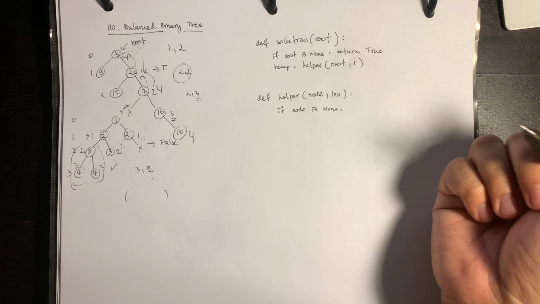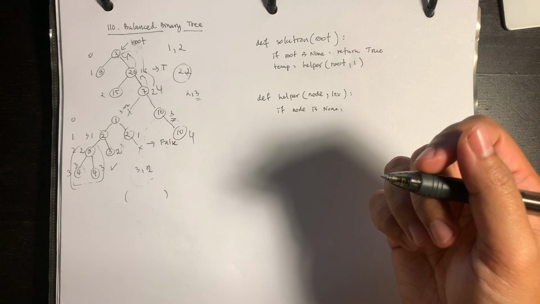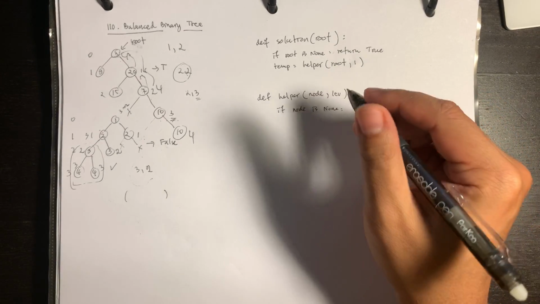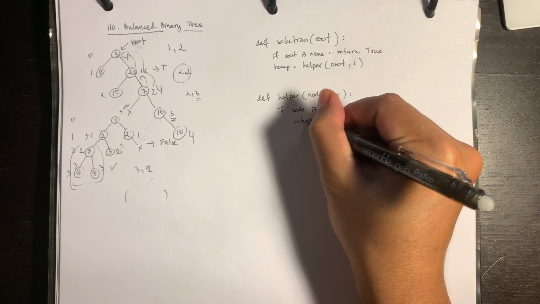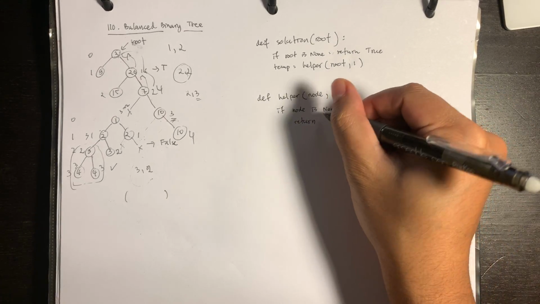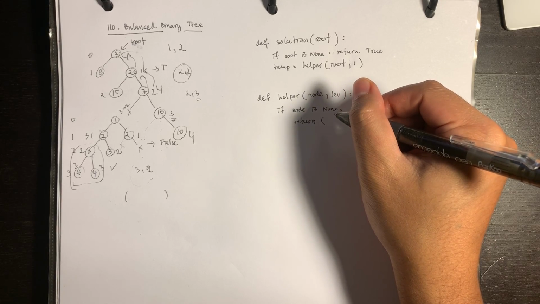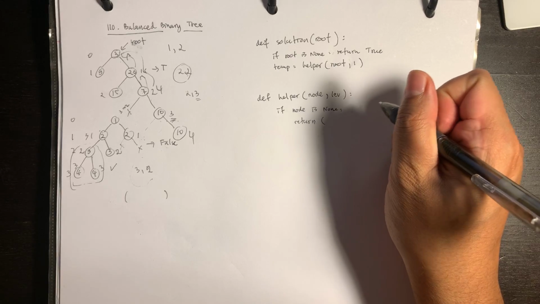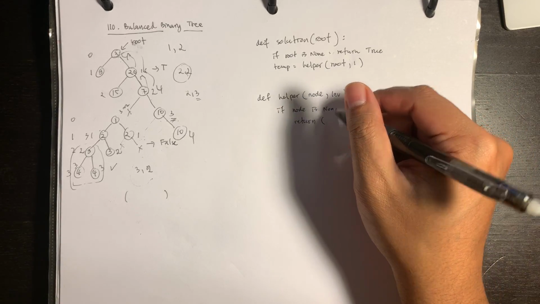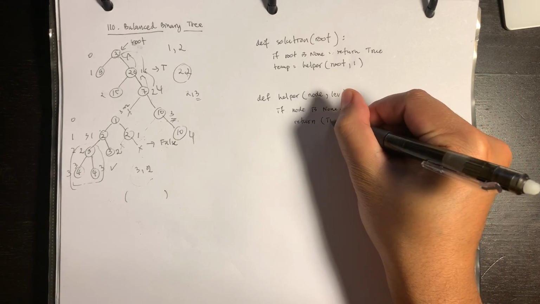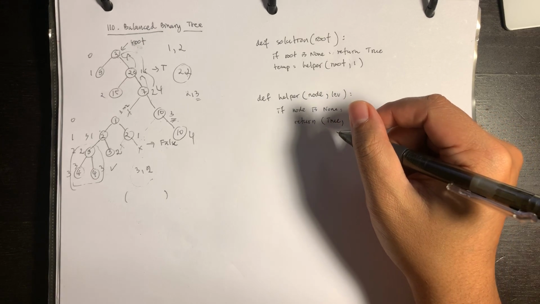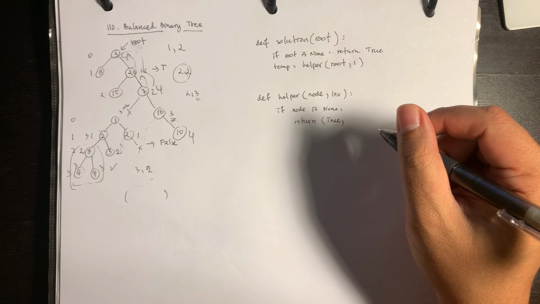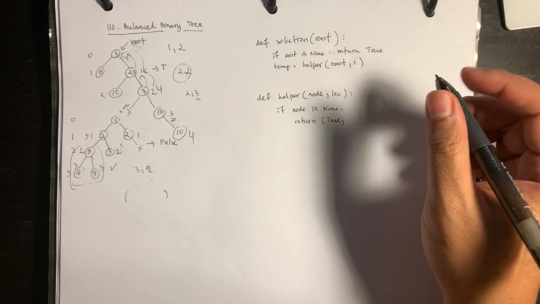If the node is none, I want to return true, because when we find a none, it's not necessarily false.